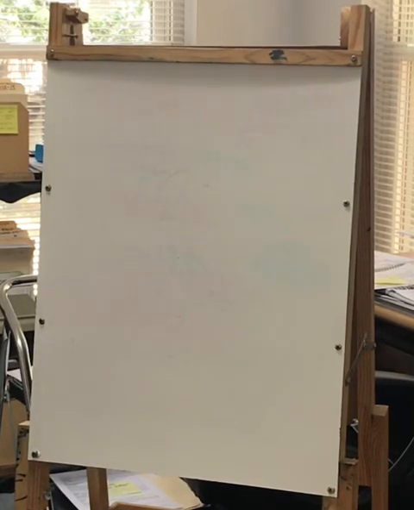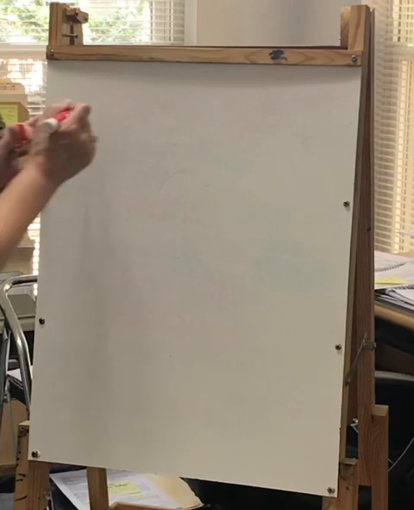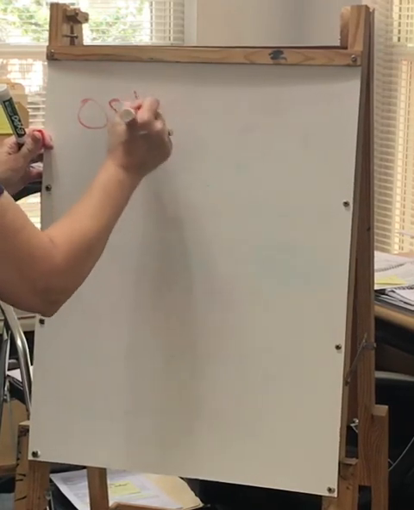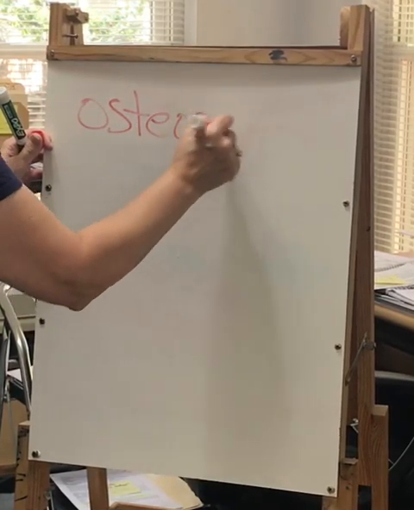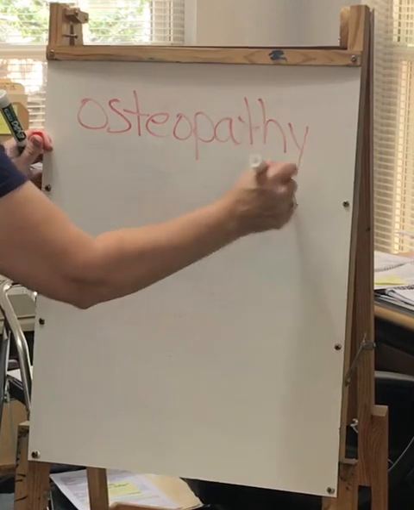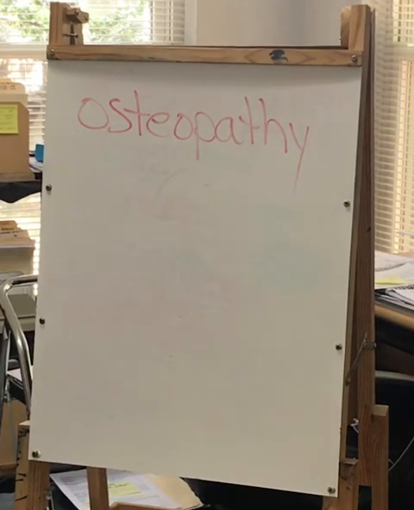I'm going to go back to chapter 1, some words on chapter 1. And the two words I'm going to use are osteopathy, we'll start with this one. All right, osteopathy. So when we analyze this and define it, the first thing we do is put slashes in.